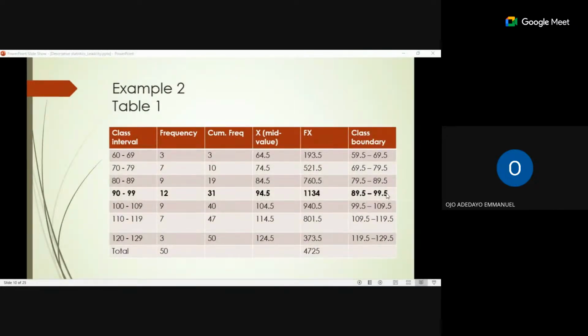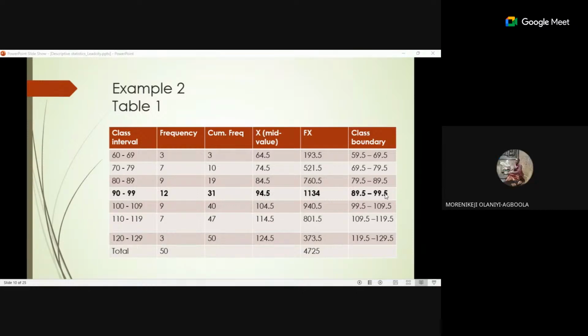You can't have any frequency that is greater than the modal class, because the highest frequency in your table is the modal class. So if 13 is your modal class and you still have one that is greater than 13, say 20, then 20 is your modal class. Did you get it now? Yes, sir. So you can't have any frequency that is greater than the modal class. If you have, that frequency is the modal class frequency. So Murenikeji, you can ask your question.